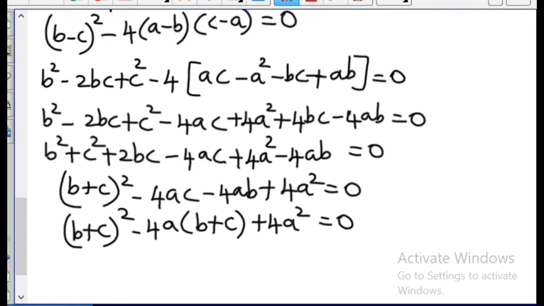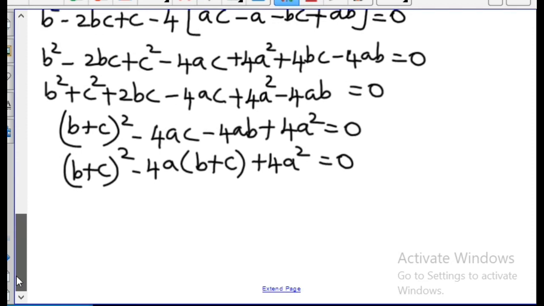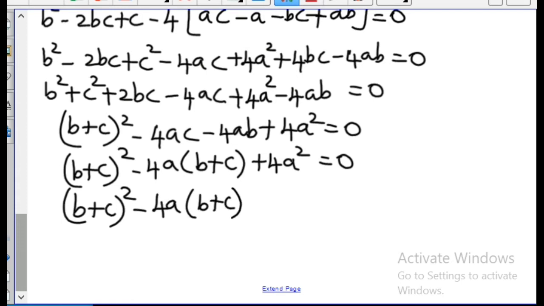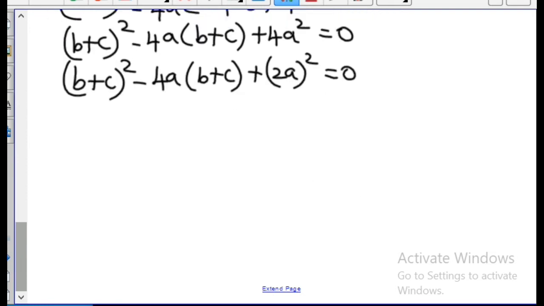Again this can be written as b plus c whole square minus 4a times b plus c, write it in the square form, plus 2a whole square equal to 0. Again we can split it as b plus c whole square, from beginning it is square, ending also it is square form.